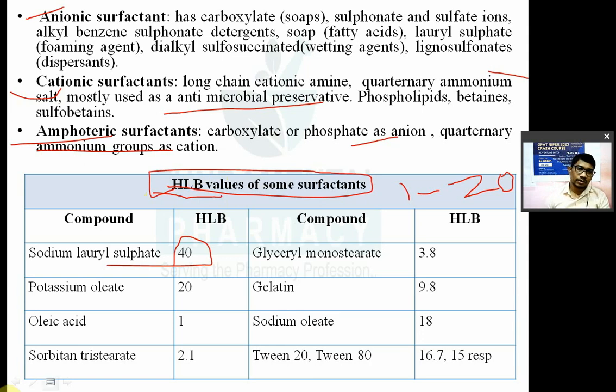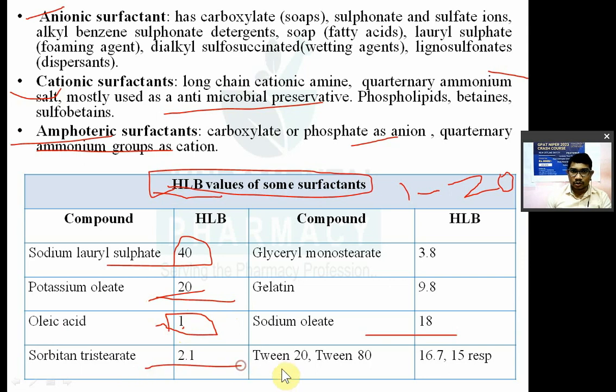So यहाँ पे सोडियम लॉरेल सल्फेट का होता है 40, पोटेशियम ओलिएट का होता है 20, सोडियम ओलिएट का होता है 18. Sodium lauryl sulfate 40, potassium oleate 20, sodium oleate 18. Oleic acid being a lipid, it is having HLB 1. Oleic acid का HLB 1 होता है.